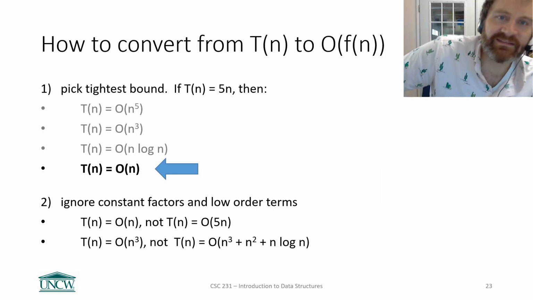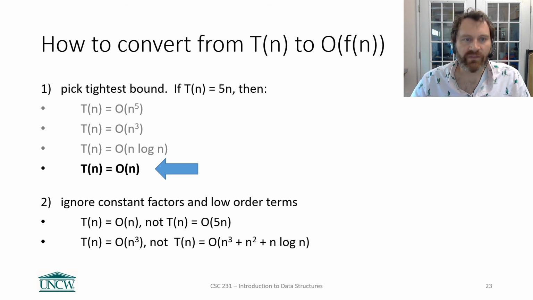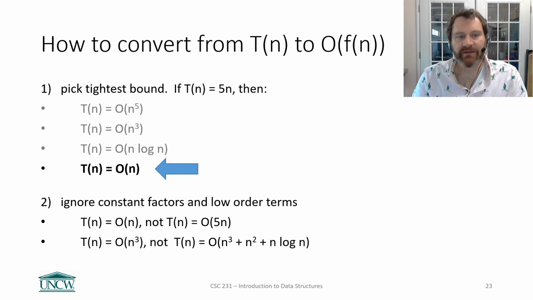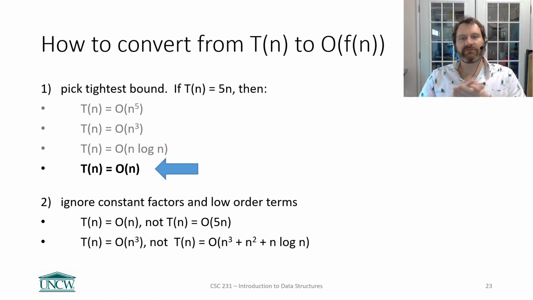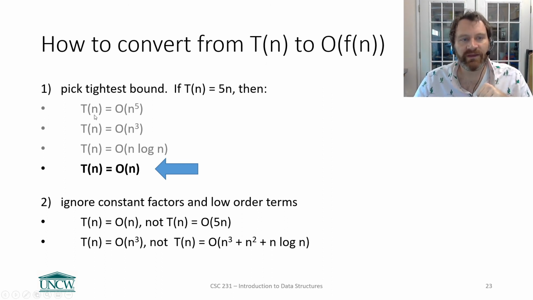So if you've got a t of n, say t of n equals 5n, there's actually a really quick and easy heuristic for figuring out its big O of f of n. The first thing you do is pick the tightest bound. We can correctly say that t of n is big O of n to the 5th.